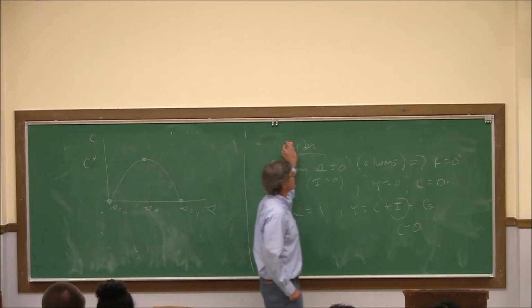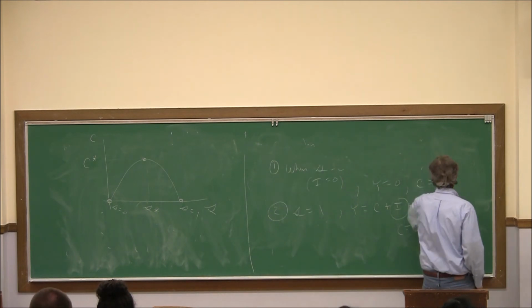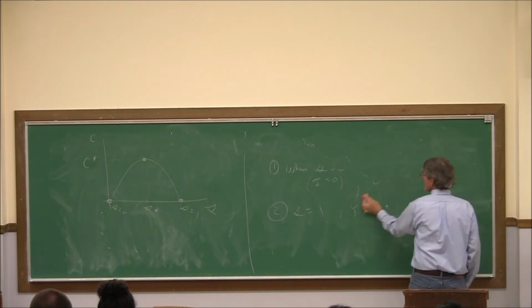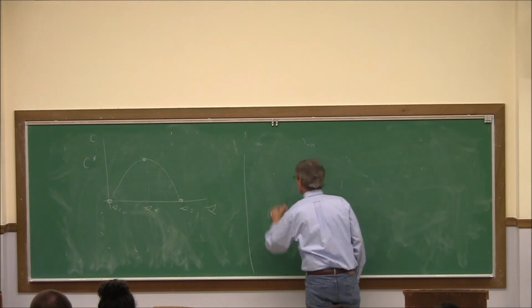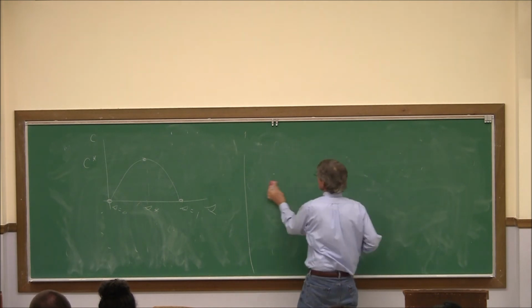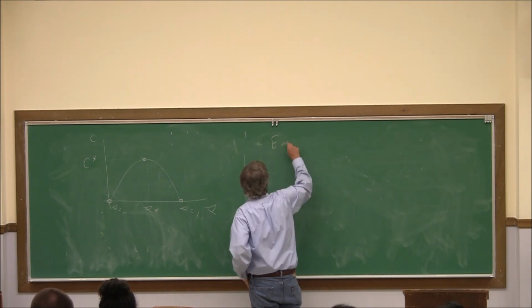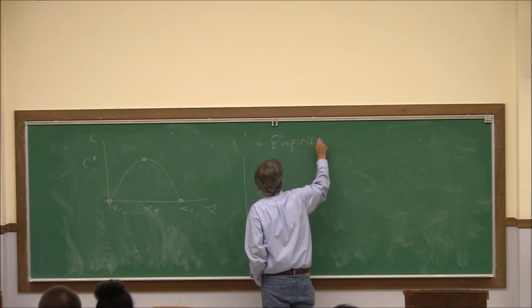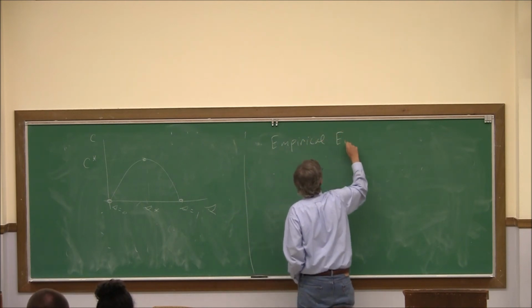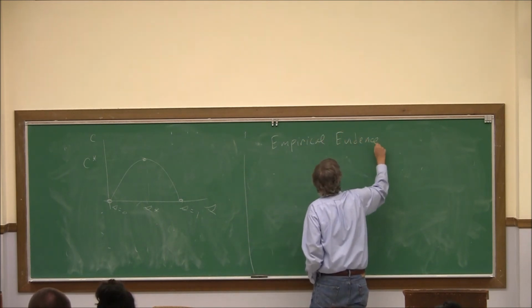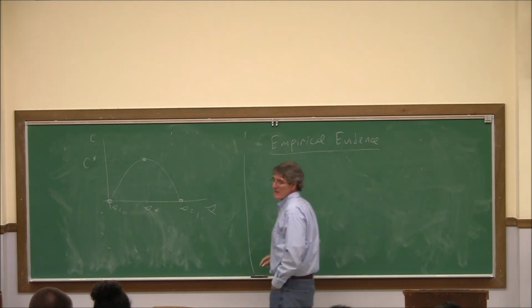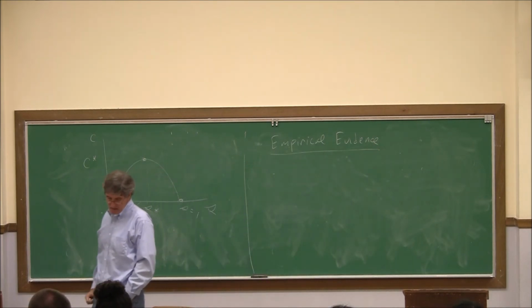All right. So let's talk about the real world instead of all these lines on the chalkboard. Let's talk a little bit about the empirical evidence, the evidence based upon real data. What does it tell us about these things?